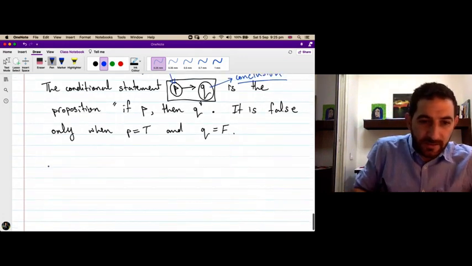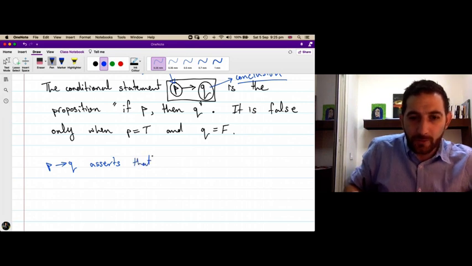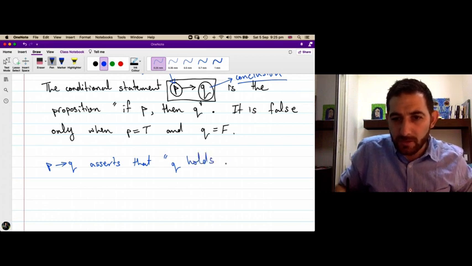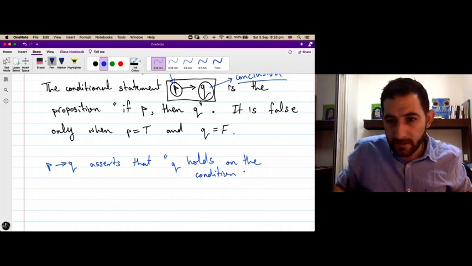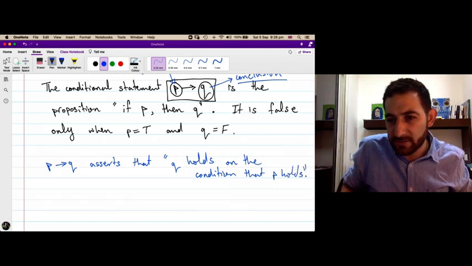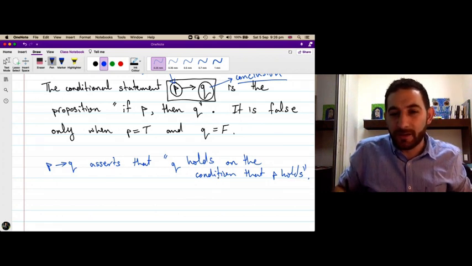Note that the statement P implies Q asserts that Q holds on the condition that P holds. That's why we call it a conditional statement. So we know that the conclusion holds based on the condition that the hypothesis P holds.